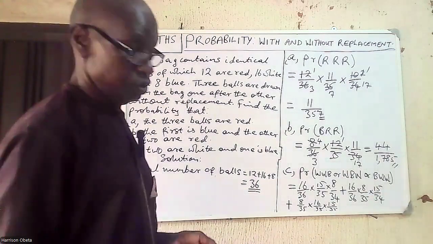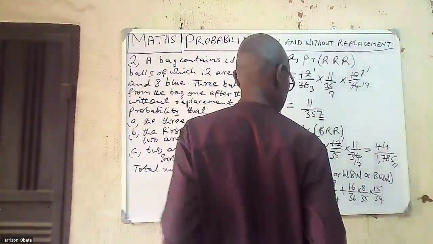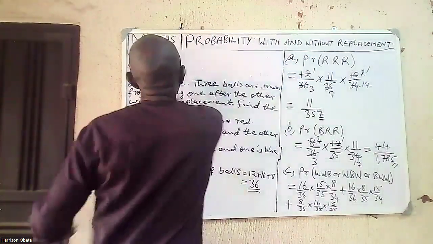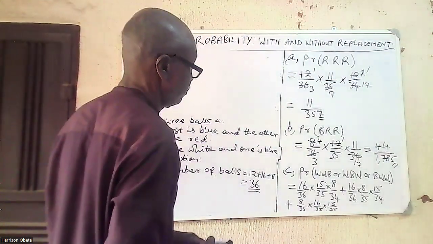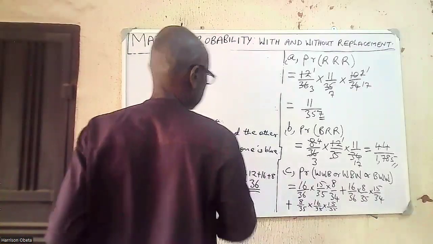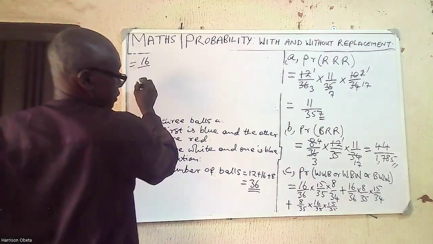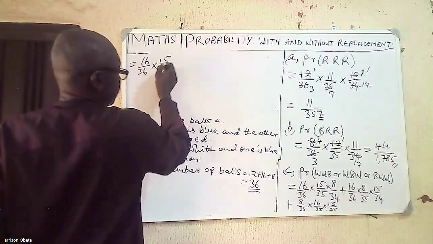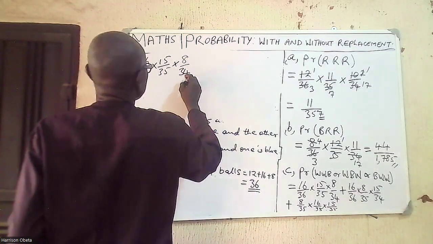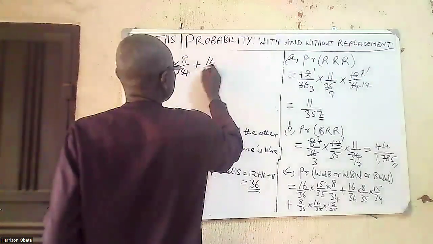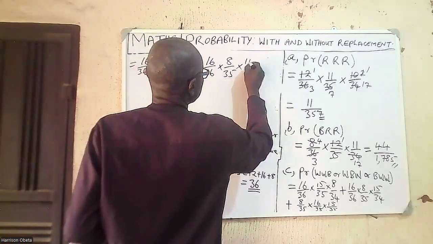So you continue. Let me repeat it here. We have 16 over 36, 15 over 35, 8 over 34, plus 16 over 36, 8 over 35, and then 15 over 34.